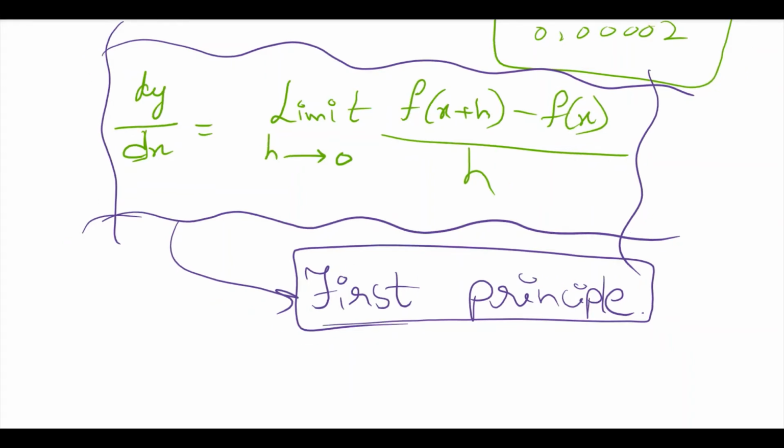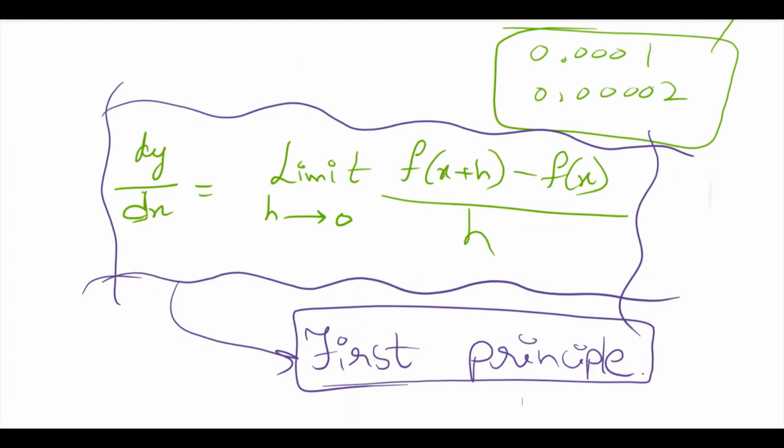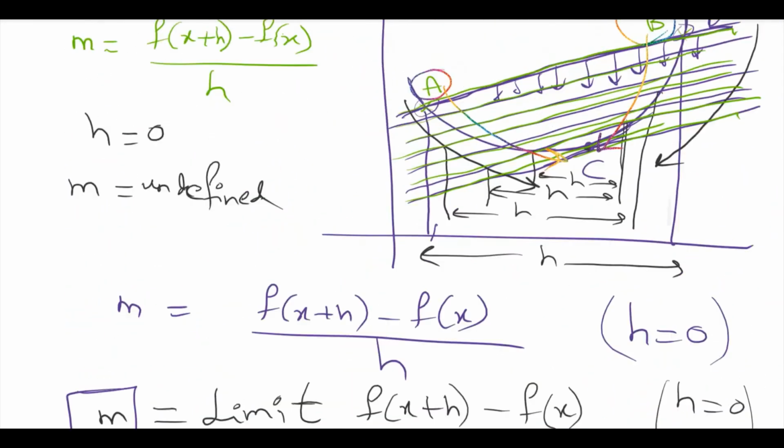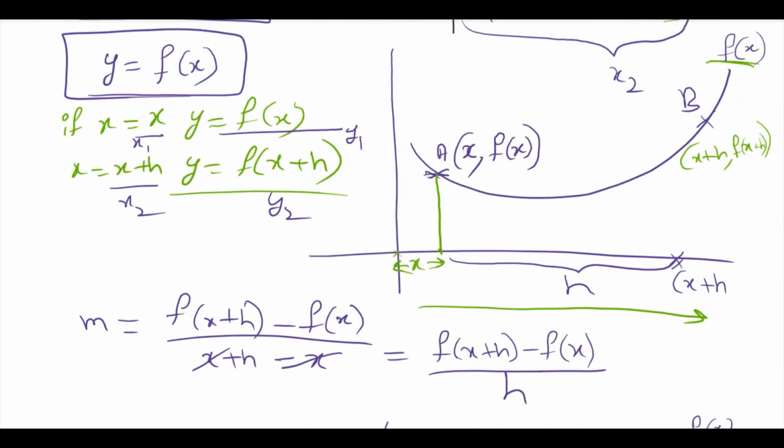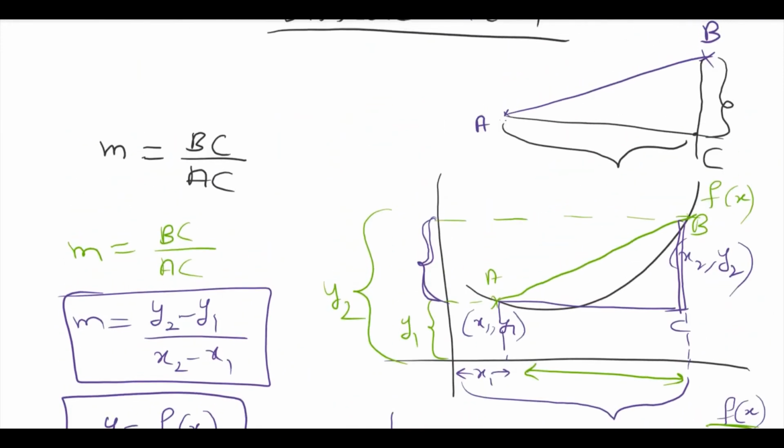From this first principle, the concept of limits, the concept of differentiation, and also the concept of continuity came into existence. And it's a very beautiful concept. It just came from the simple concept of slope.